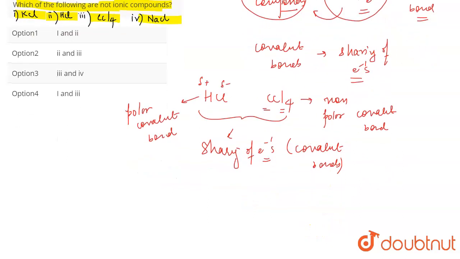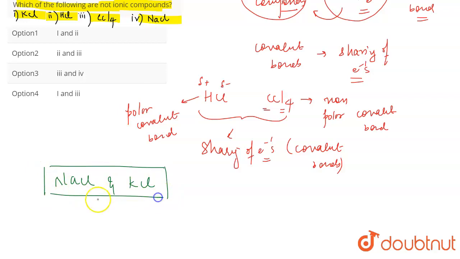That is why they are considered as covalent compounds, right? Whereas if I talk about NaCl and KCl, now both of these compounds are formed by transfer of electrons. If you have Na here and Cl here, what happens? Na loses one electron and that electron is gained by Cl.